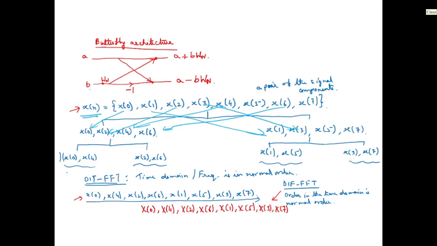Then again I take the even components from here and odd components here, and similarly over here. If it is 16 point, at this stage we will be having 4.